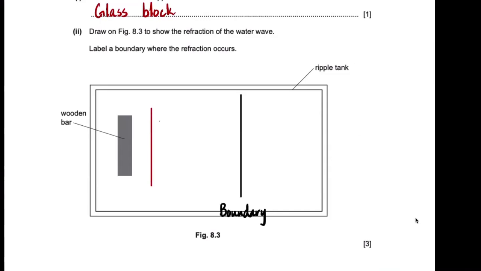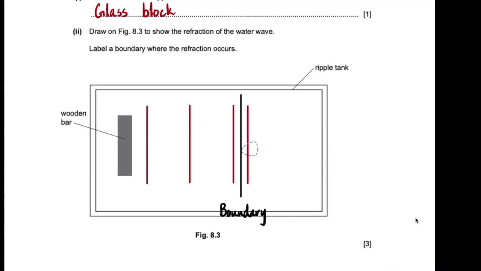The other possibility is you took that one where it's not incident normally, where it would make an angle, but the drawing is a bit more difficult. That's why I'm just going with this.